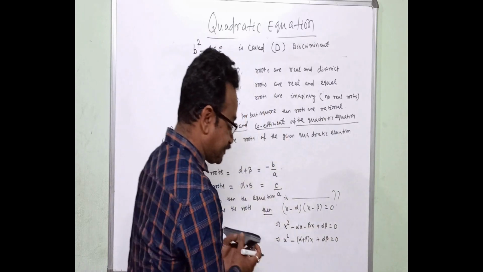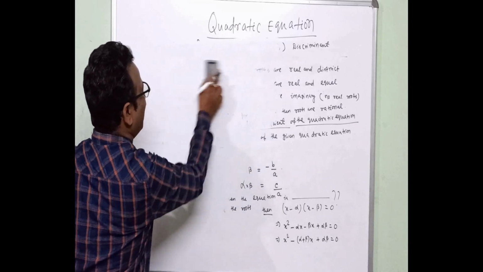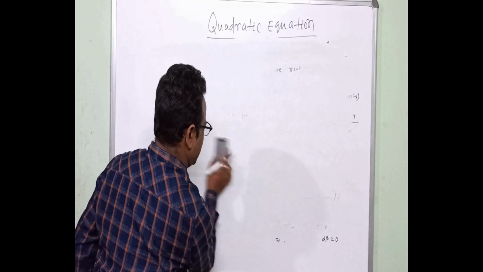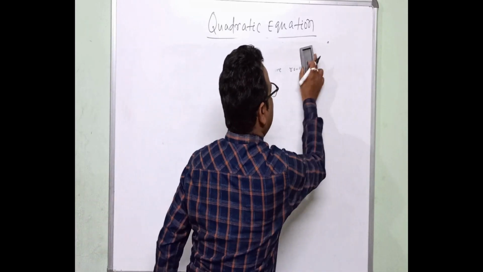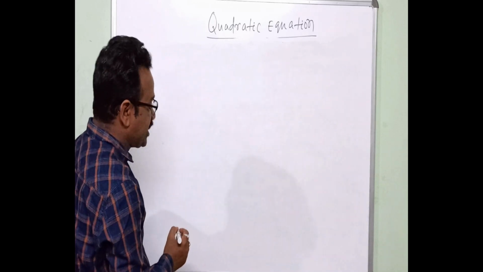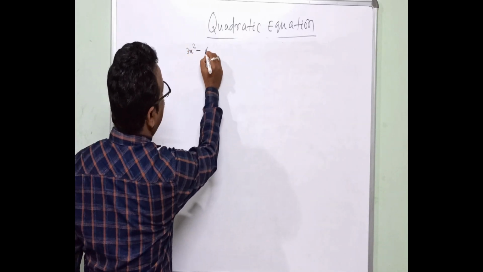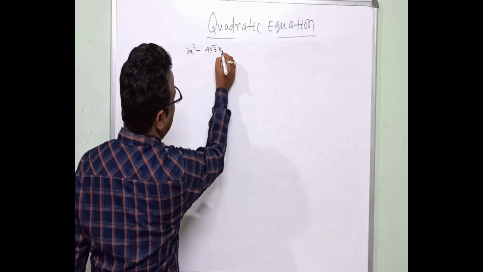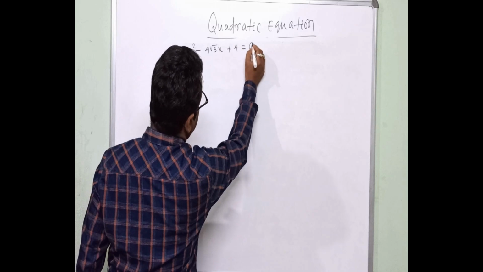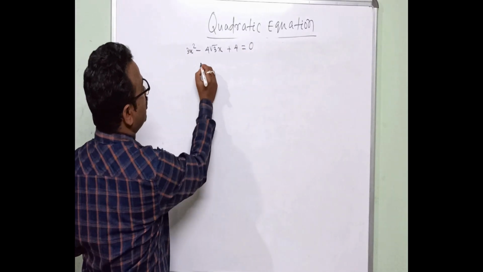So let us see. Suppose given 3x square minus 4 root 3 x plus 4 is equal to 0. Now here a is equal to how much?